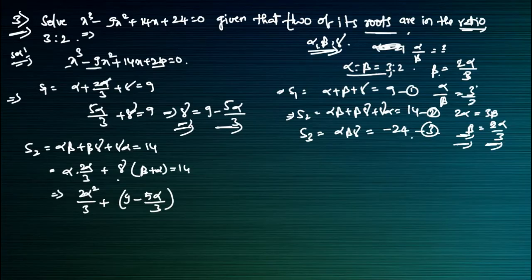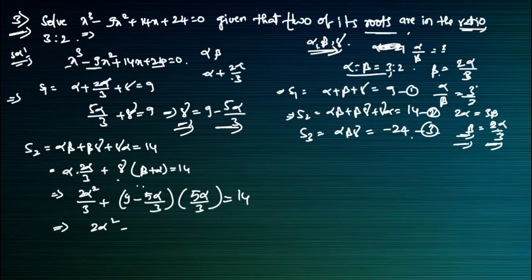So here alpha plus beta is equal to 5 alpha divided by 3, and it will come here is equal to 14. So taking the LCM, it becomes 2 alpha square plus 9 minus 5 alpha divided by 3, and LCM is 3.